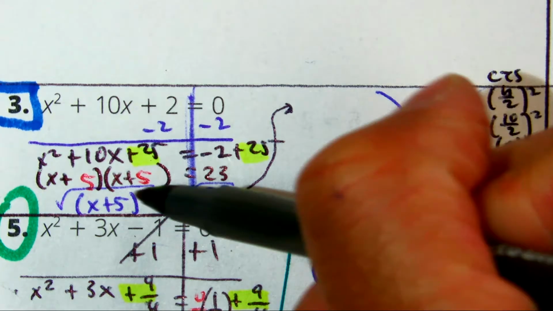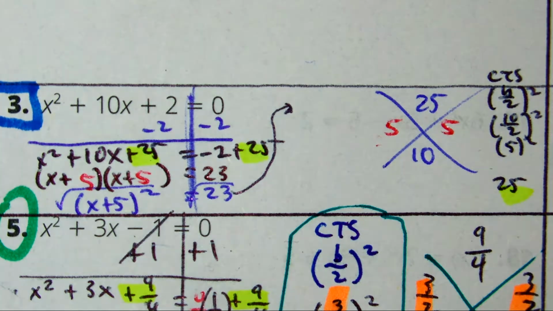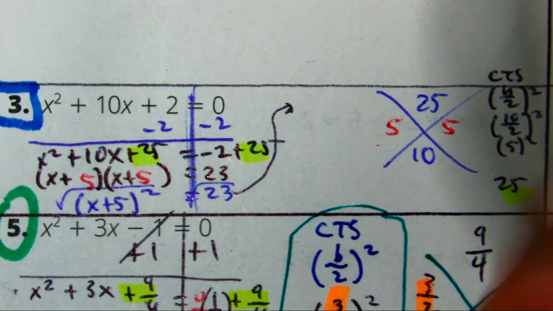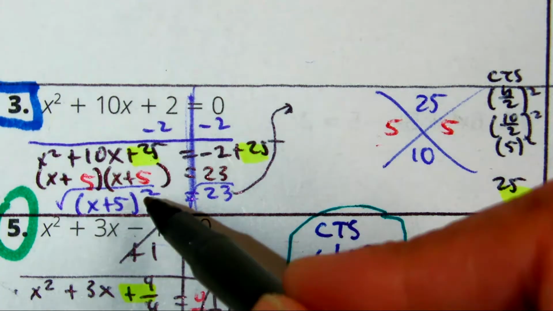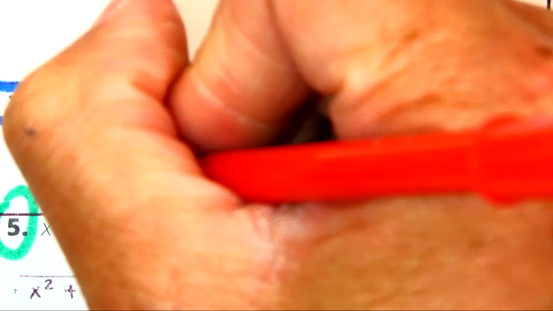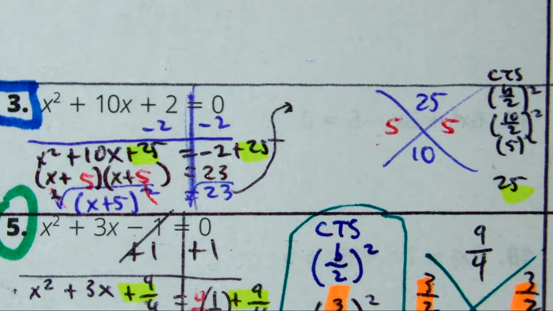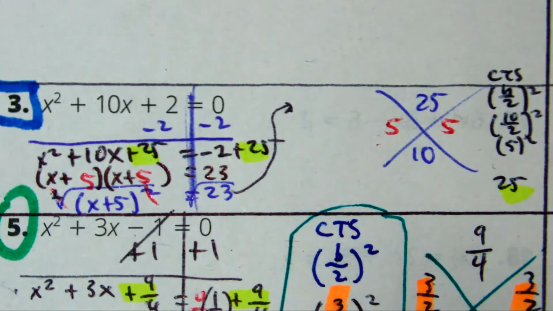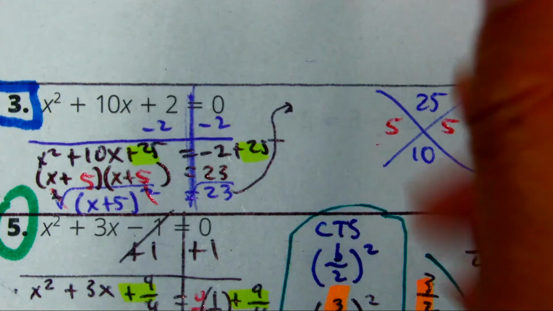The square root's getting rid of what? We're trying to get rid of that power of 2, right? So your square root is getting rid of this power of 2. So what's left? You're just left with x plus 5.